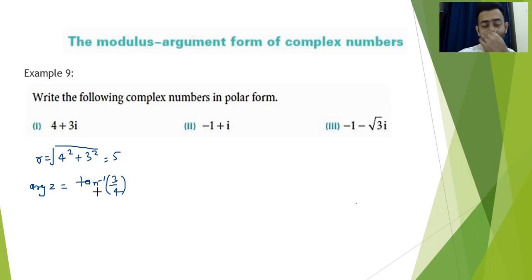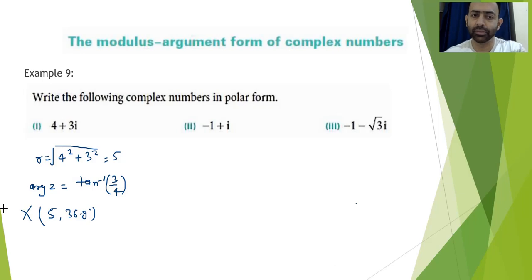So this is the argument, this is the magnitude, and we do not write this in the form of 5 comma 36.9 degrees. We do not write complex numbers like this. So how to represent this in modulus argument form, let us see.